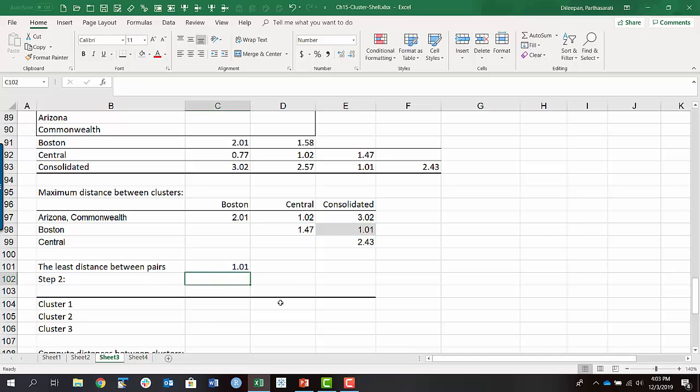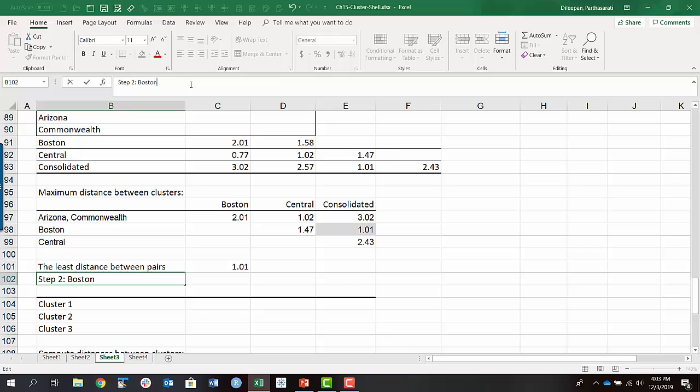So we get step 2, Boston and Consolidated are the closest clusters based on complete linkage distance.